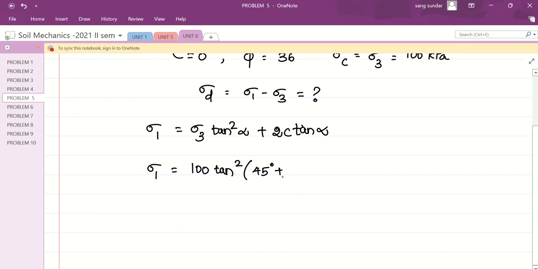So 36 by 2, we may get 18 degrees. 2c tan alpha won't be there, so this will be entirely 0. So how much is sigma 1? So sigma 1 is equal to 100 tan square 45 degrees plus 18. Shall we get that value?